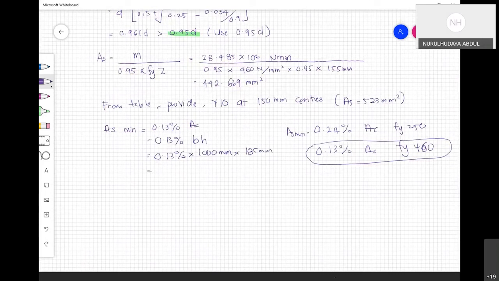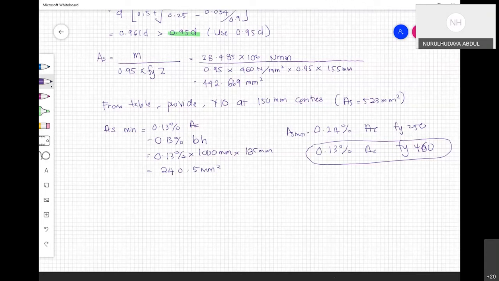185. Jadi kita kira 240.5 mm square. Okay. Jadi apa yang kita selalu buat, kita akan comparekan dengan AS yang kita provide. AS yang kita provide 523. AS minimum adalah 240.